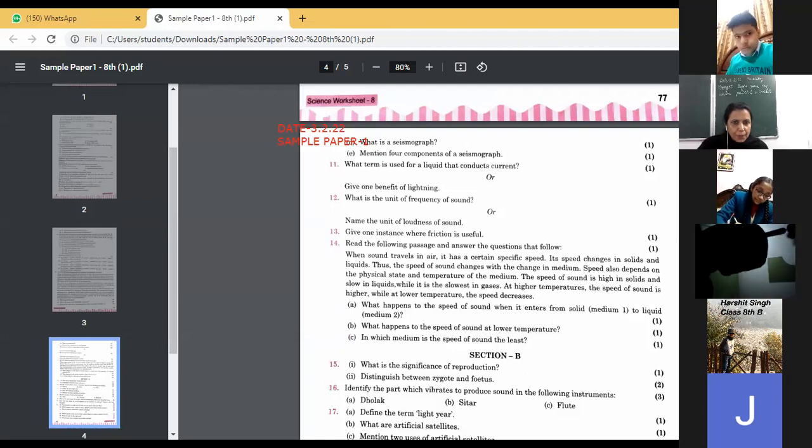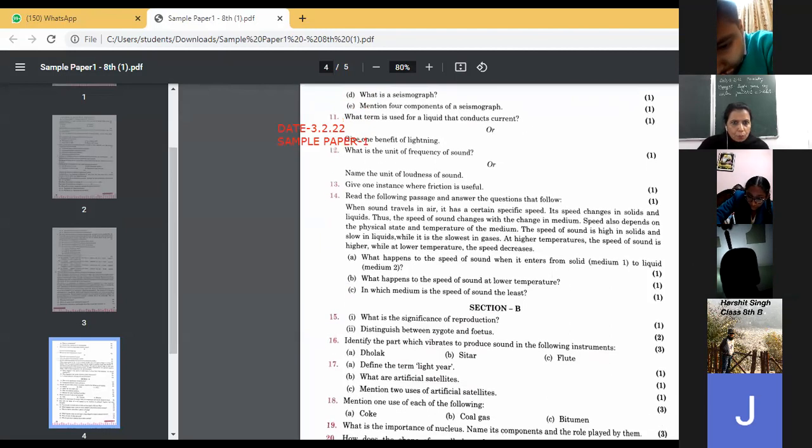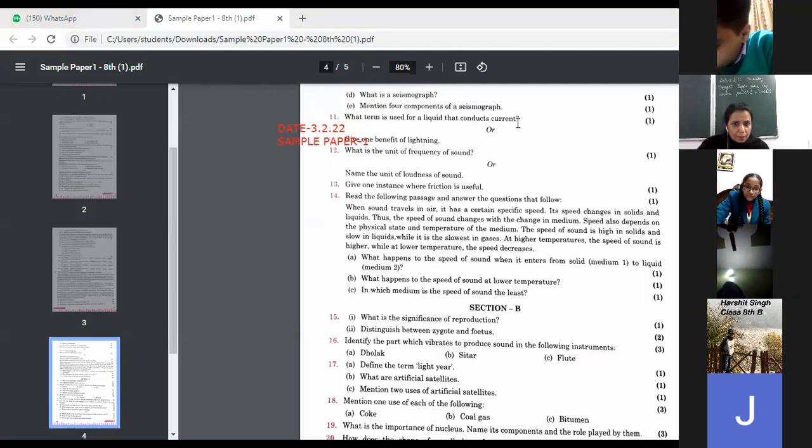Okay, next question number 11. What term is used for a liquid that conducts current? The liquid which conducts electric current.